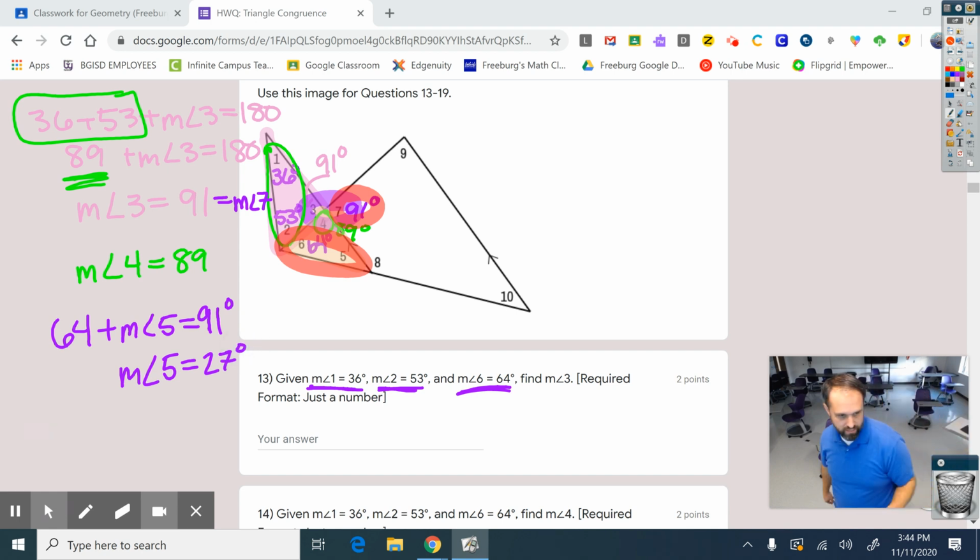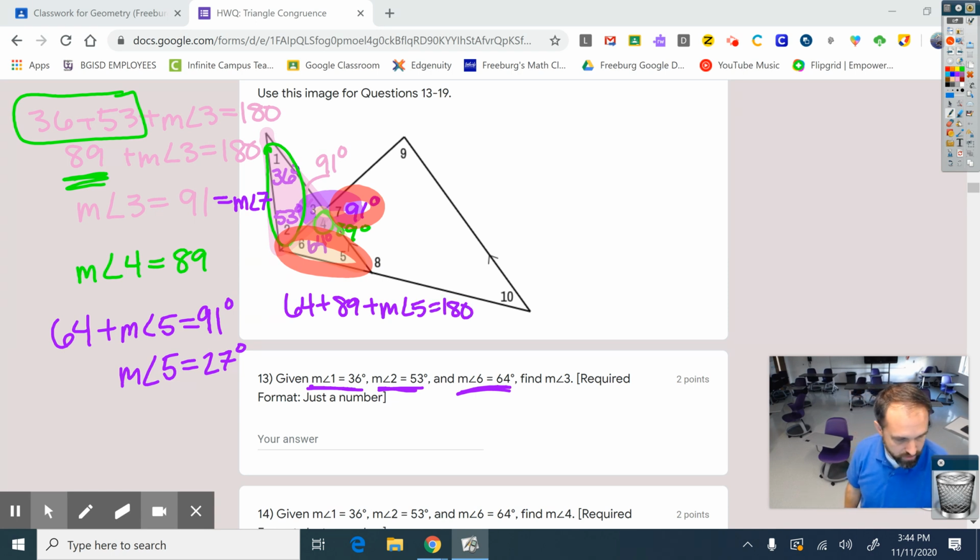You could double check this, obviously, with the triangle sum theorem. You got 64 plus 89 plus angle 5 equals 180. And so this is what, 153? Yep. Plus angle 5 equals 180.